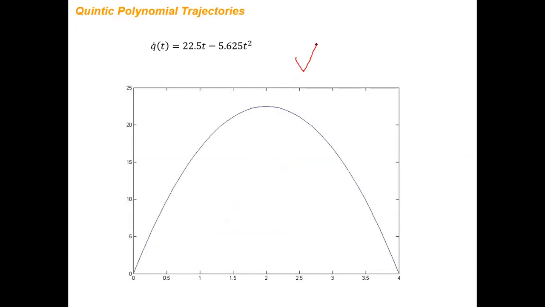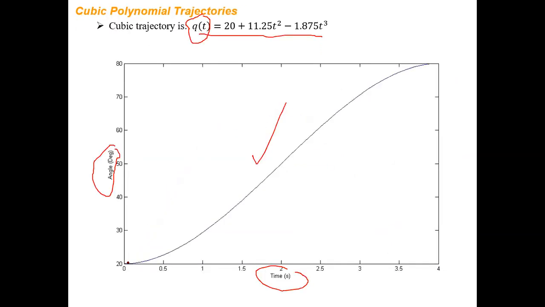In the case of a cubic polynomial, the velocity is symmetric like this, and the trajectory angle variation with time looks like this. This is typical. Even though I did this for a particular problem, this is true for any problem.